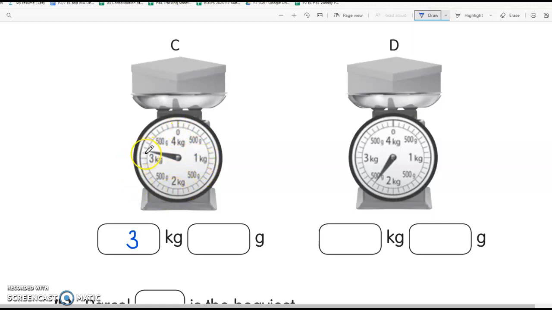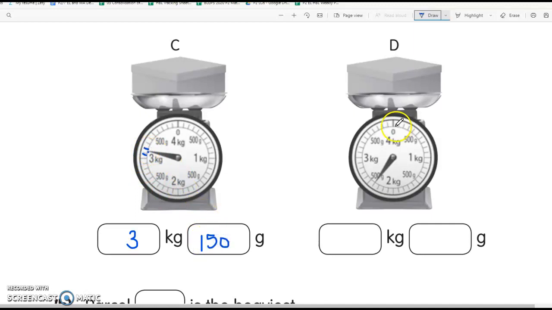We don't have to calculate the interval again. So 100, 200. Hold on, this needle is right smack in the middle again. Okay, it is not pointing at any of the intervals. So what is half of 100 grams? It is 50. So this is 150 grams.